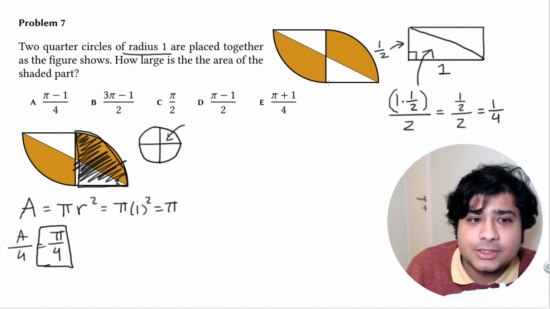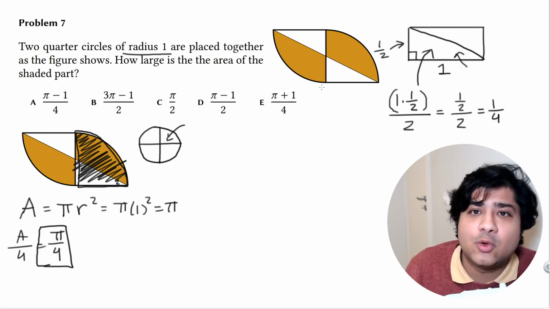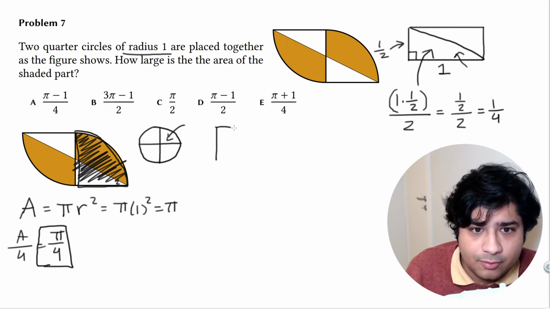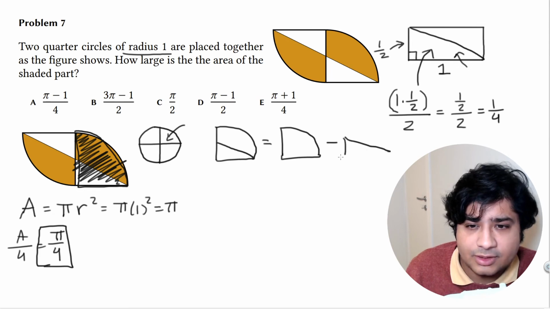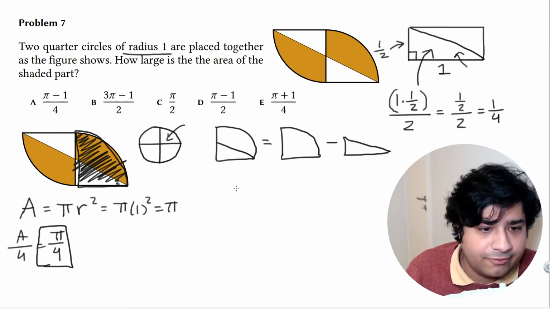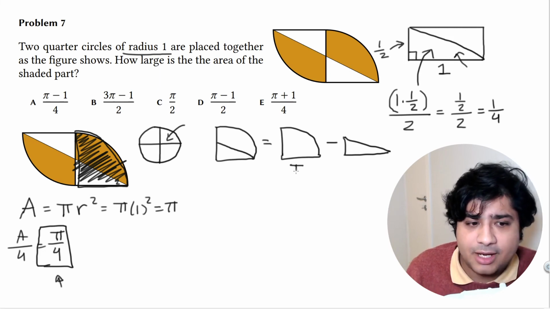Okay, so now we have the area of this one, and we have the area of the entire quarter circle. So let's do that one by itself. This is just the entire quarter circle minus this little triangle. What did we find out was the area of the quarter circle? We already figured that out here: pi over 4.